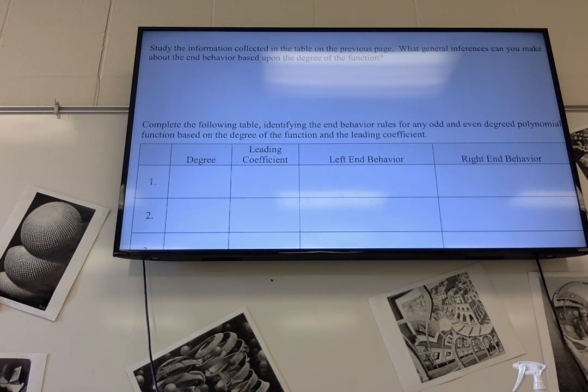So I'm going to write that down. An even degreed, so like 2, 4, 6, 8, even, function has end behaviors going in the same direction.